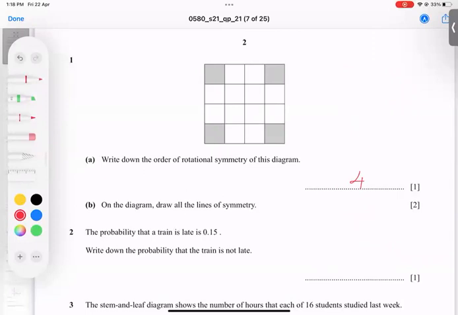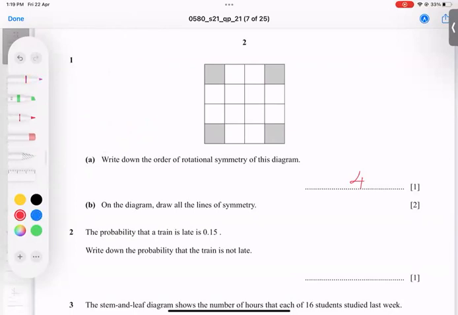What does line symmetry mean? For example, this is A. If you draw a line like this, everything becomes a reflection of each other. As much as this one, the same is this one. So everything is a reflection in the middle line. So this is called a line of symmetry.